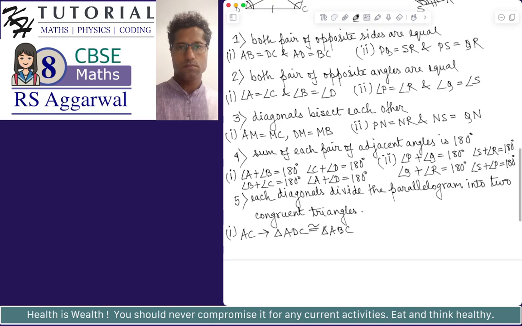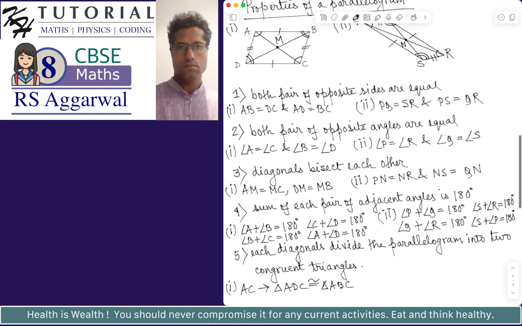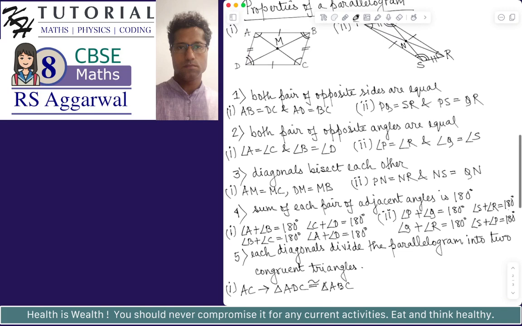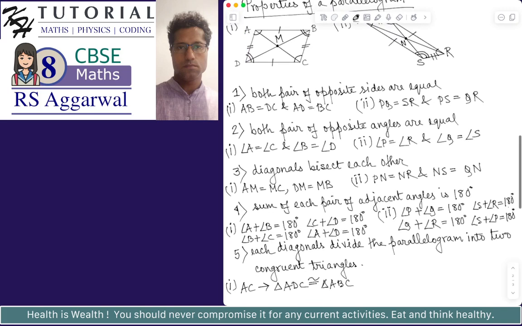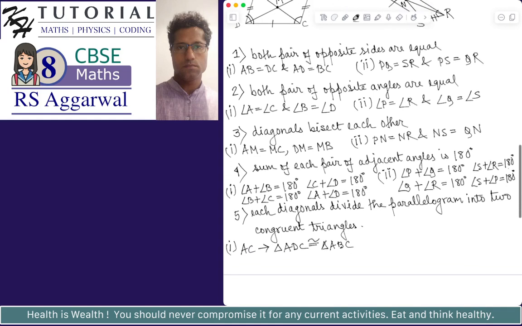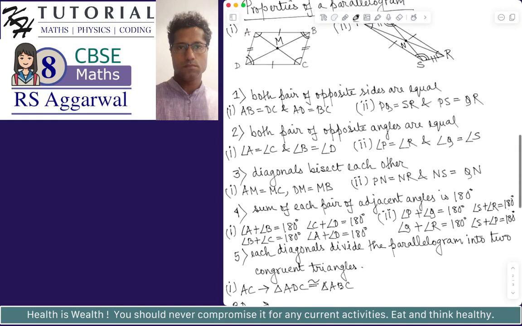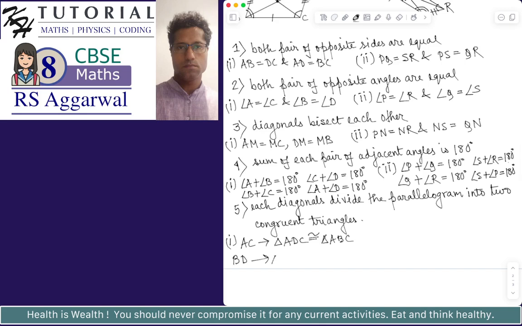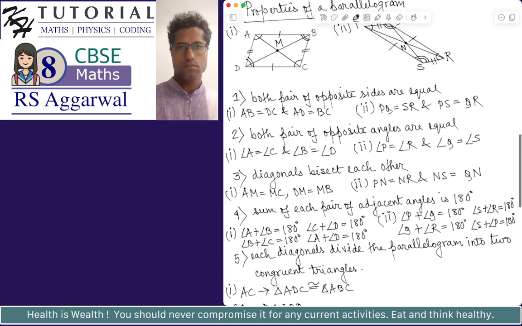So this is for the diagonal AC. The diagonal AC is dividing the parallelogram of figure 1 into two triangles, triangle ADC and triangle ABC, and they are congruent to each other. Similarly, if I consider the other diagonal BD, the diagonal BD is dividing the whole parallelogram into two triangles.